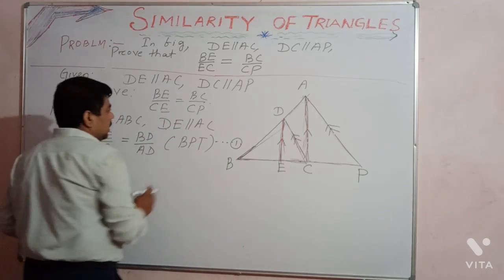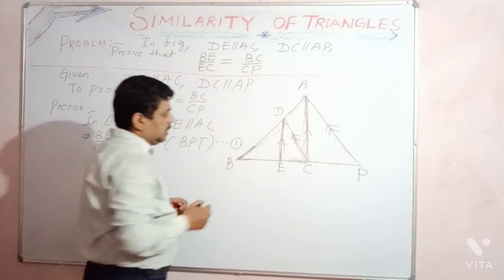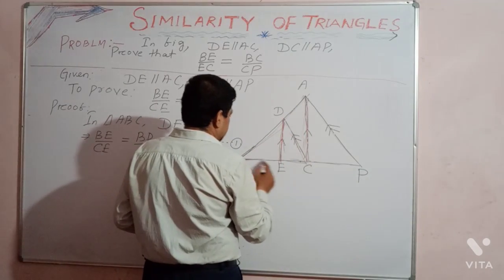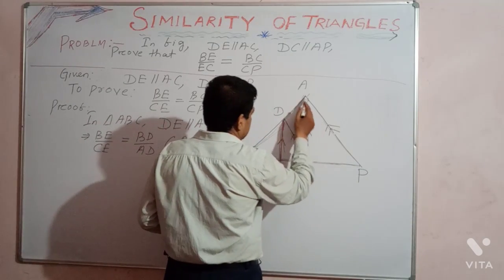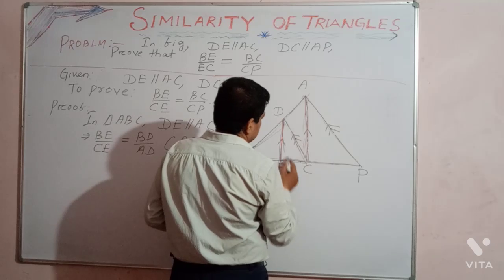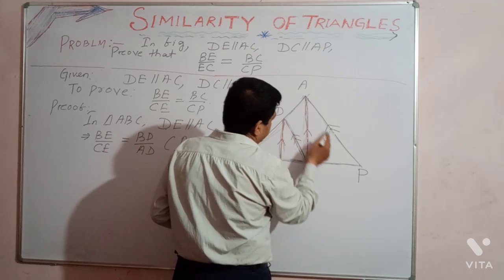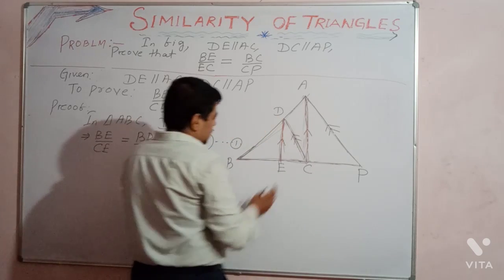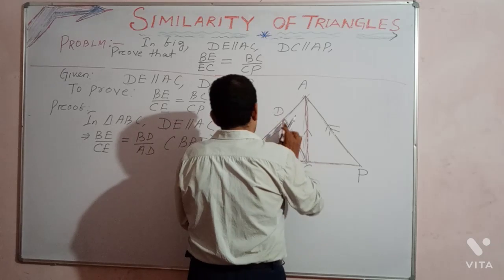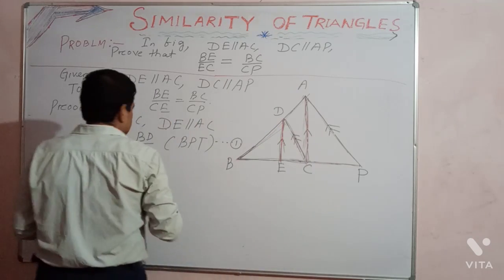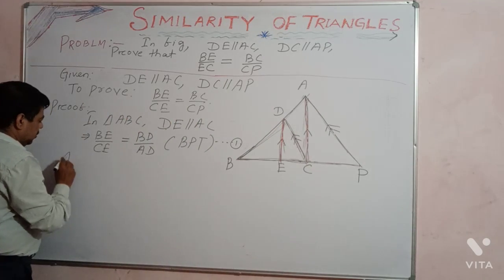And similarly again you see in the triangle ABP. Are you looking here? In the triangle ABP, again you see DC is parallel to AP. So you can write BC upon CP is equal to BD upon AD. Can you write or not?